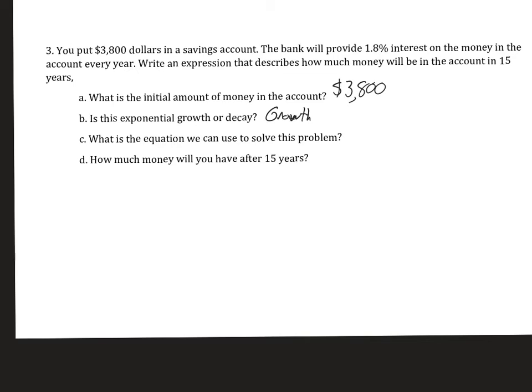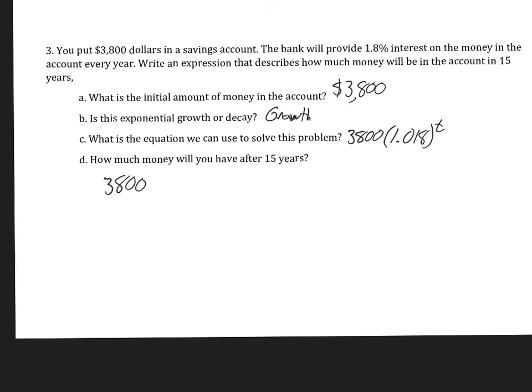Okay, what is the equation we can use to solve this problem? Well, we first put our initial amount, so 3,800 times 1 plus 0.018, because 1.8% is 0.018, so 1.018 to the t, where t is every year. So how much money are we going to have after 15 years?